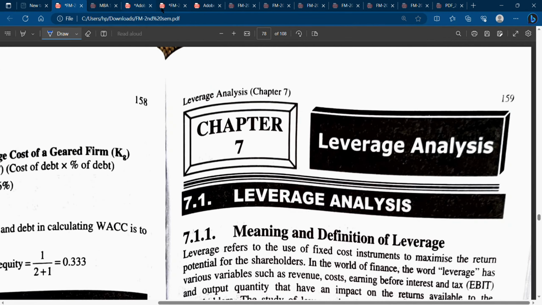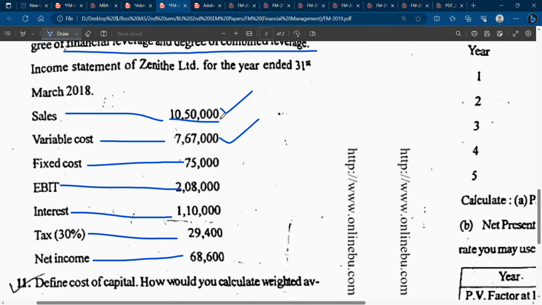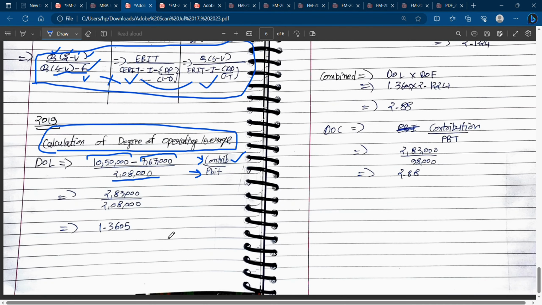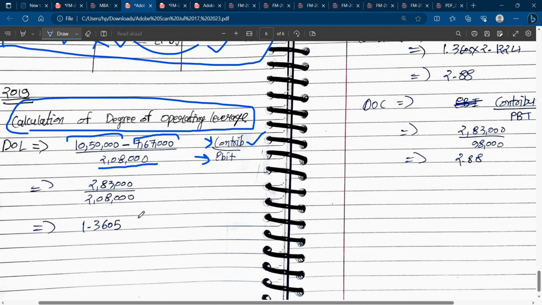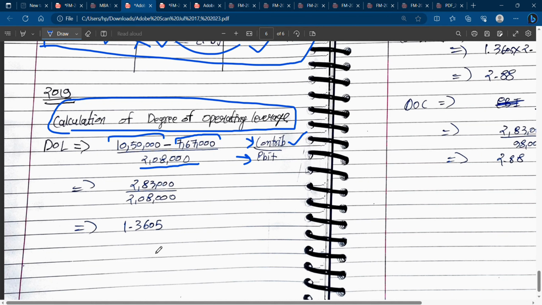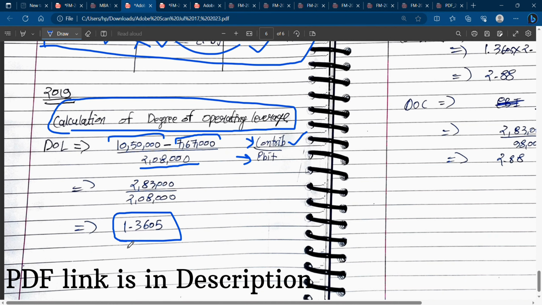If you subtract the figures you will get the answer, but here we have the direct answer, so I will put it directly here: 2,08,000. If we divide it, we get the operating leverage, which is 1.36. If the leverage is greater than 1, it is good for the company.